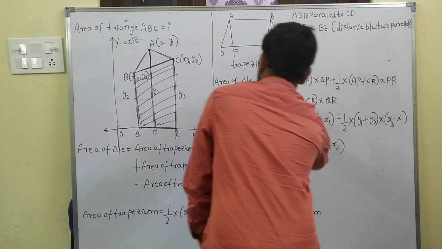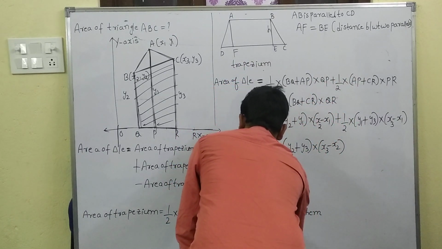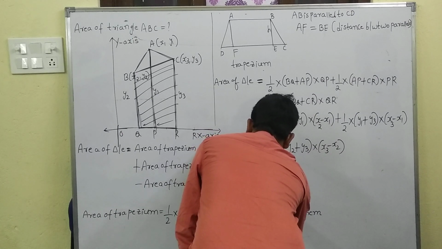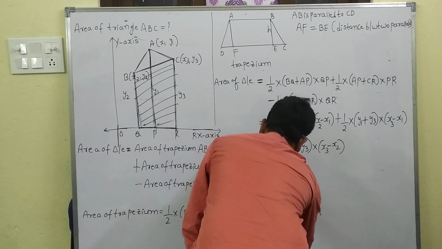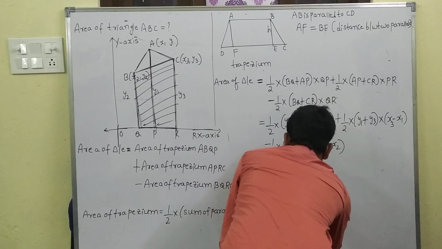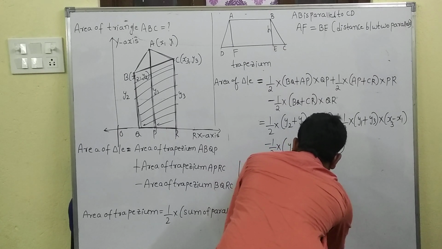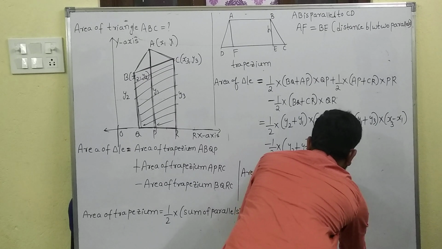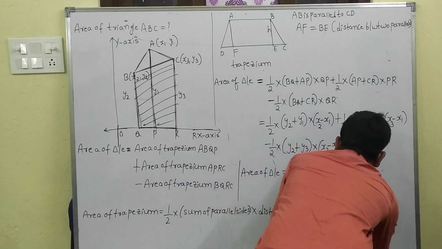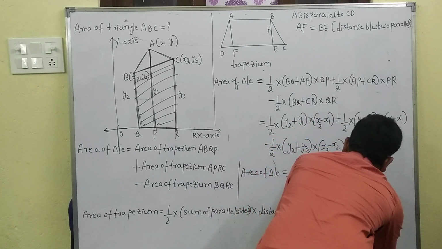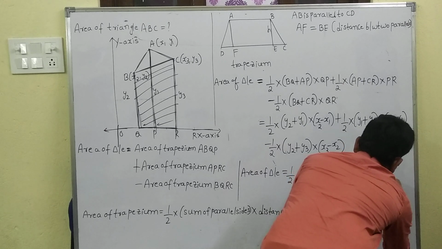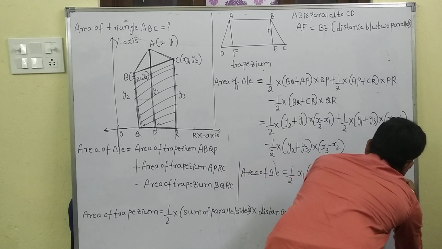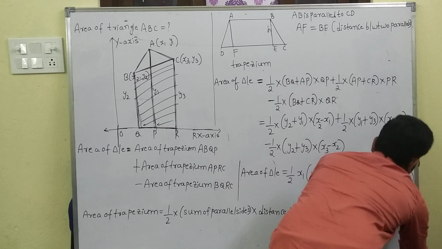If you solve this, we will get the area of the triangle formula: half into x1 into y2 minus y3, plus x2 into y3 minus y1, plus x3 into y1 minus y2.